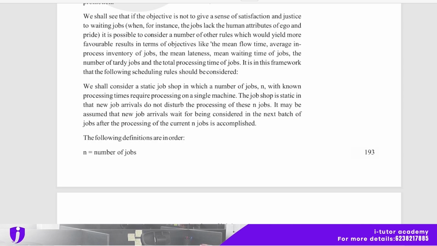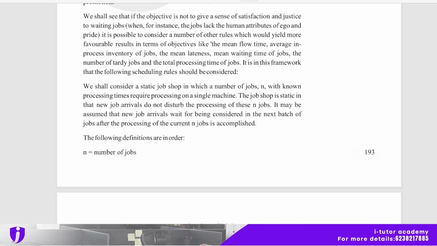And we shall consider a static job shop in which a number of jobs, n, with known processing times require processing on a single machine. The job shop is static in that new job arrivals do not disturb the processing of these n jobs.